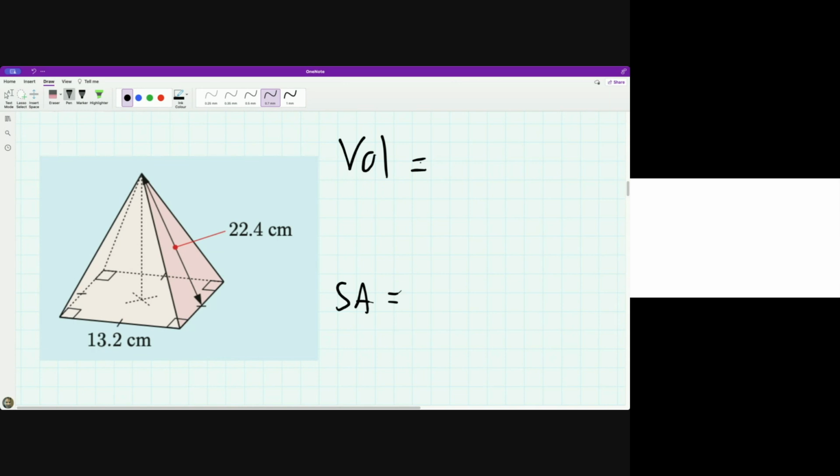And then we'll go on to surface area. Just going to get some water while you work those out.